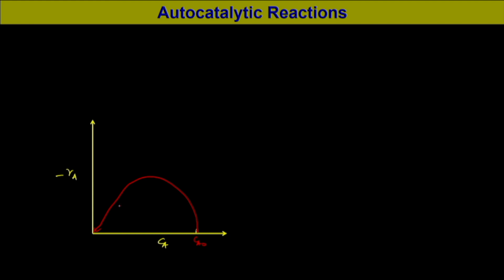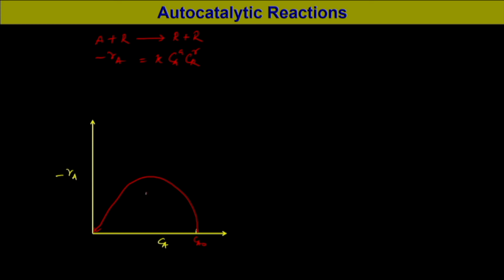This is basically if the reaction can start without any product. Say if we consider A plus R produces R plus R with a rate minus Ra is equal to K Ca to the power a Cr to the power r, and if the reaction can start without the product, it will be very low rate initially, and as soon as the product forms, then they will react and the rate will be faster.